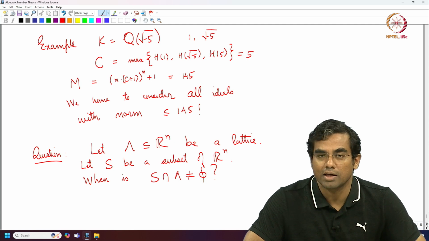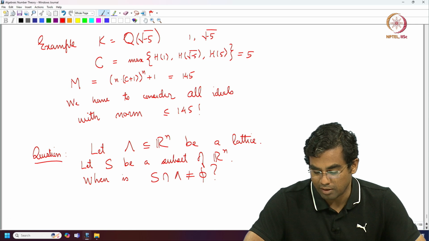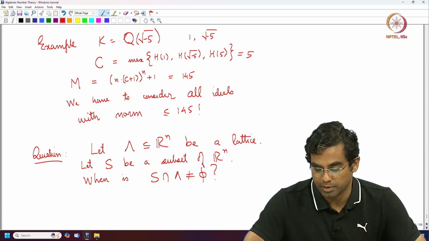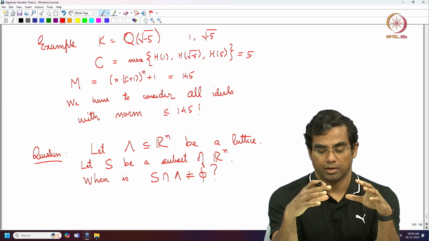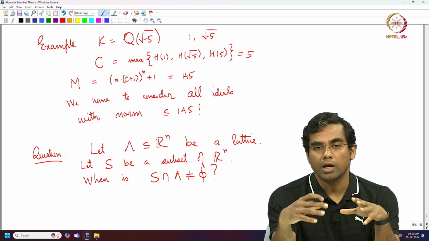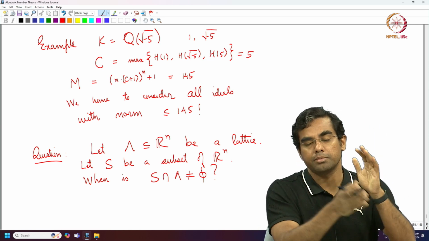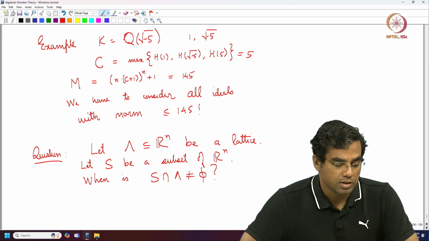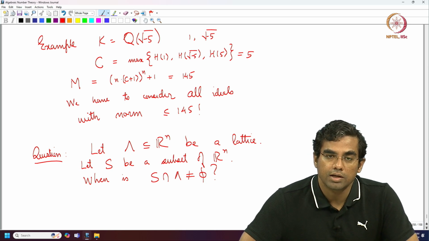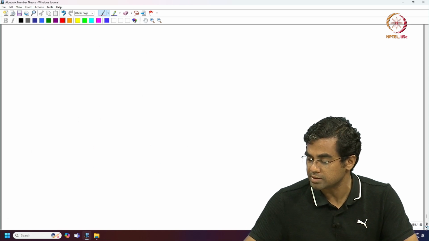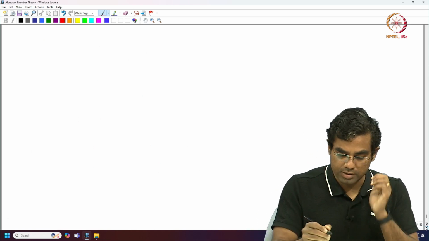So, of course, if you take S to be the complement of lambda, you will never have anything like this, and even if S has nice properties, for example, it is contractible, like a disk, you may not have this, because it could be long in one direction where it misses all the points of lambda. But fortunately, this question has a nice answer by putting some properties on the set S, and so that is what I am going to tell you next.